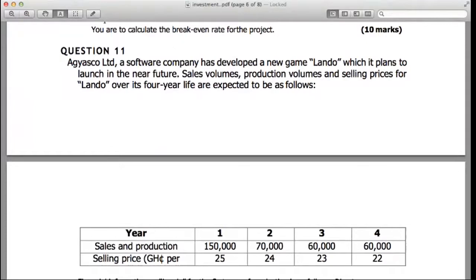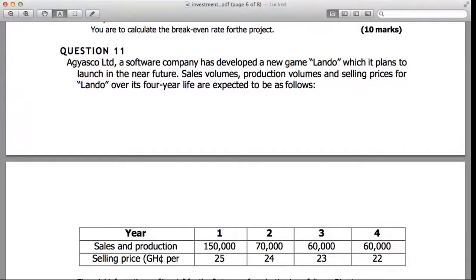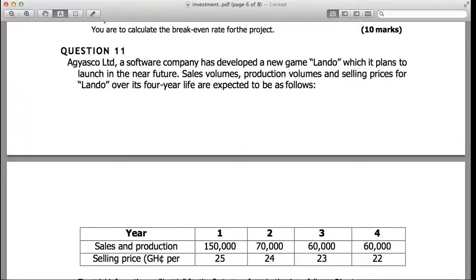A software company has developed a new game called Lando, which it plans to launch in the near future. Sales volumes, production volumes, and selling prices for Lando over its 4-year life are expected to be as follows.